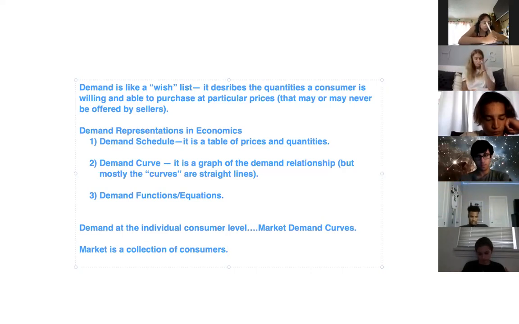That's fine. But for our purposes, it's just important to keep in mind that we're talking about a group of potential consumers, and unless it's necessary for our illustrations, we'll be specific about, oh, we're measuring the demand for the day or for the hour or for the year.